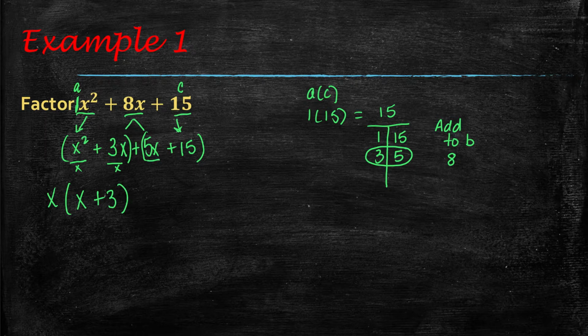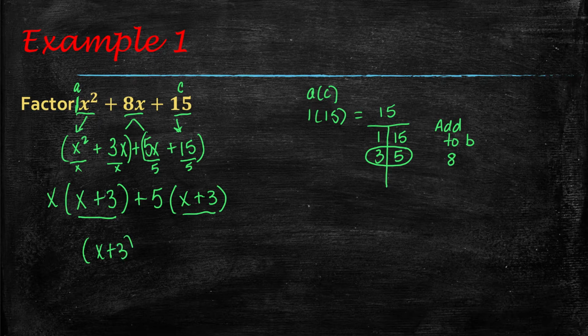In the second group, I can divide both of those terms by 5. So put what you're dividing out on the outside, so plus 5, and then divide that out. So that would be x plus 3. When you get to this step, your parentheses should match. And that's going to be your first factor. And then the second factor comes from what's on the outside.